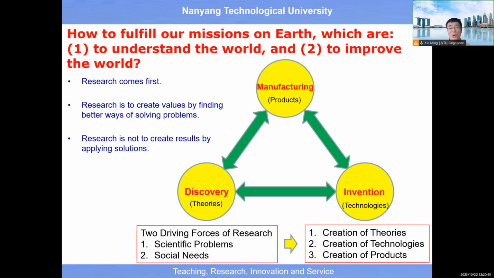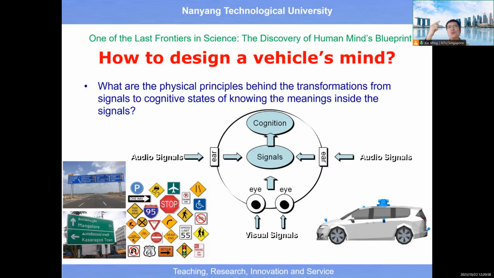So you must understand the nature of research before you make a decision to venture into research on autonomous vehicles in future. In this area, there is plenty of room for you to consider how, in future, to understand the meaning of information in the place along the side of the road.